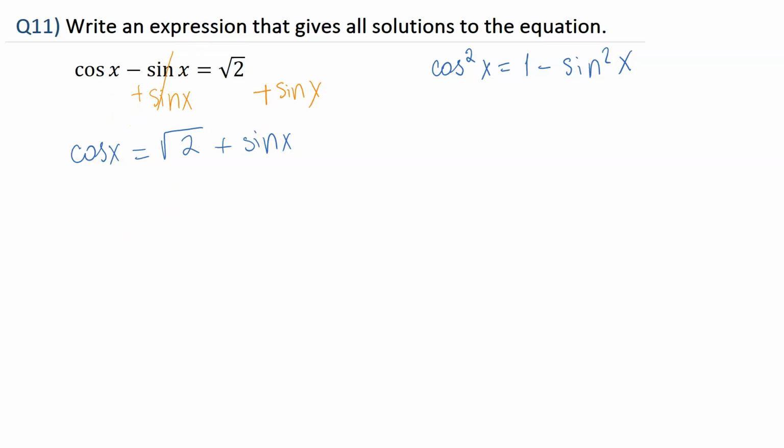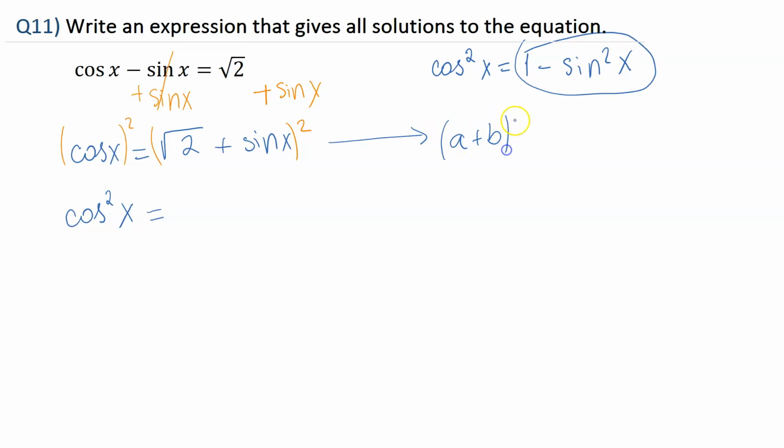Now we can square both sides. And on the left side, we will have cosine square x that we can substitute with 1 minus sine square x. And on the right side, I'm going to use the square of a sum rule. A plus b squared is equal the first term squared plus twice the product of the first and the second term plus the second term squared.